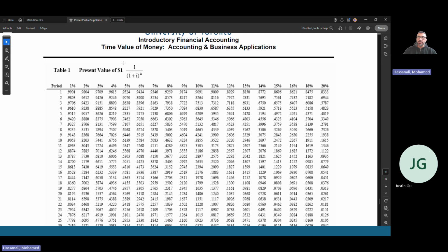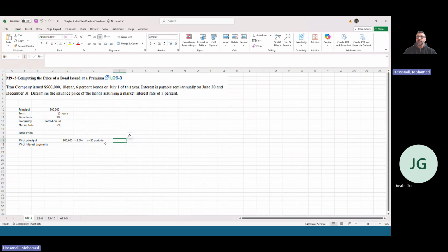So instead, we will use the formula off the top and manually calculate this table amount ourselves. So it's 1 over 1 plus I to the power of n. So we go 1 over 1 plus I, which is 0.025, to the power of n, which is 20. Just put a little equals in front of it.